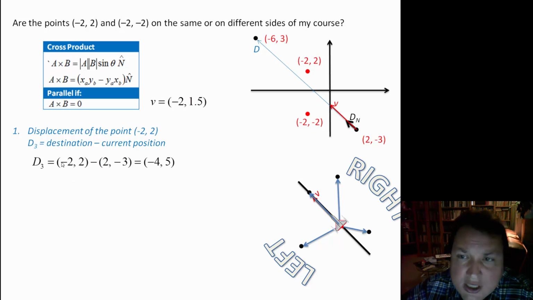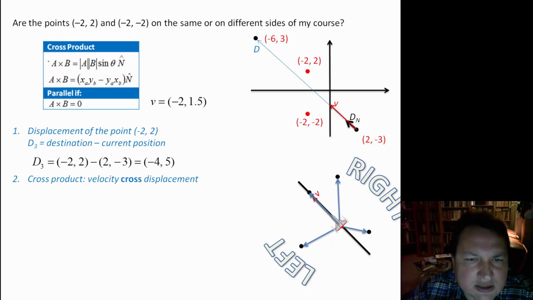That's the coordinates of the point itself, -2, 2, minus my current coordinates 2, -3, and the result is -4, 5. -2 minus 2 is -4, that's correct, and 2 minus -3 is the same as 2 plus 3, it's 5, all correct.